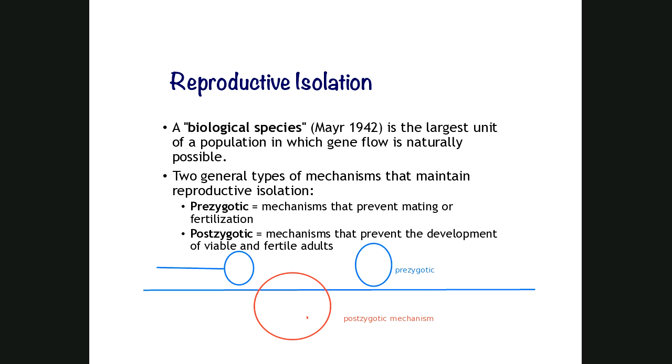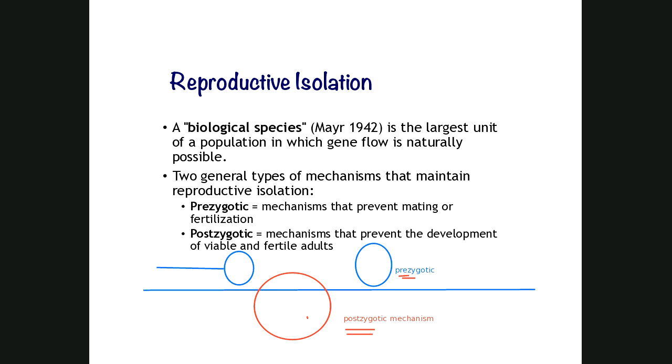So post-zygotic mechanism, meaning post or after fertilization has actually taken place. Okay, so post-zygotic, after, and pre-zygotic means that prior to sperm and egg actually coming together.